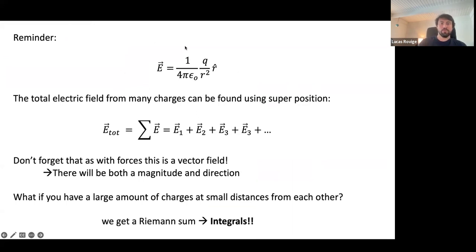So we've seen that the equation we learned for the electric field is the electric field associated with a single charged particle.